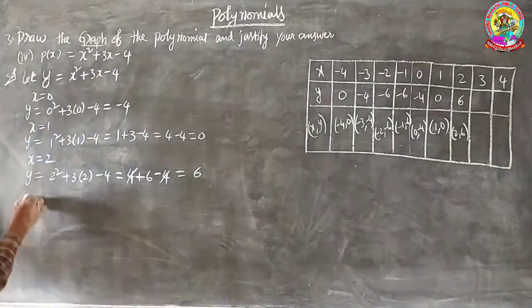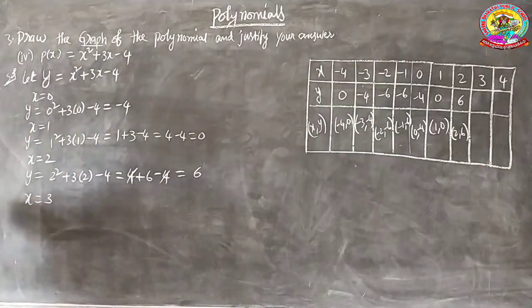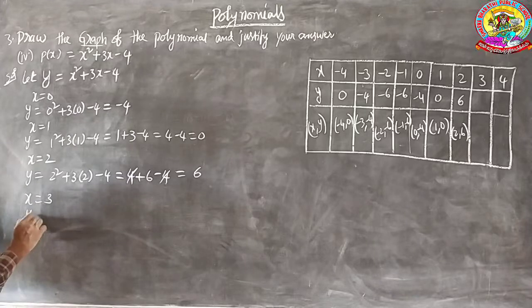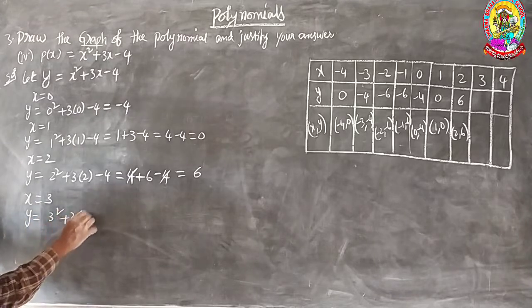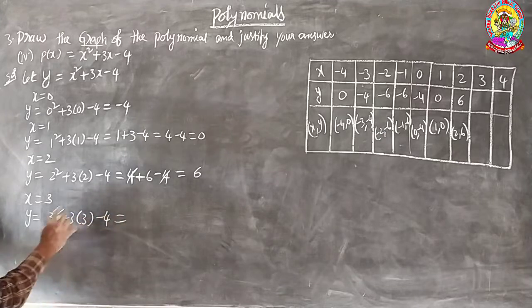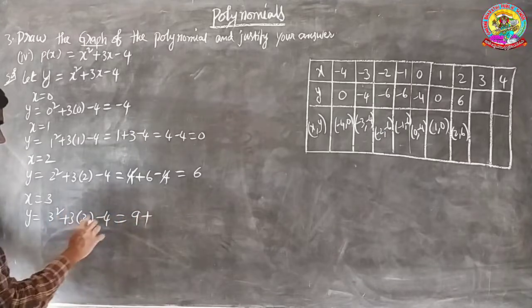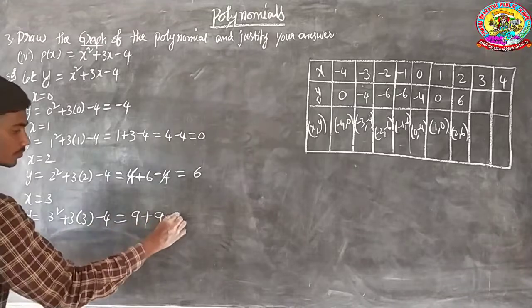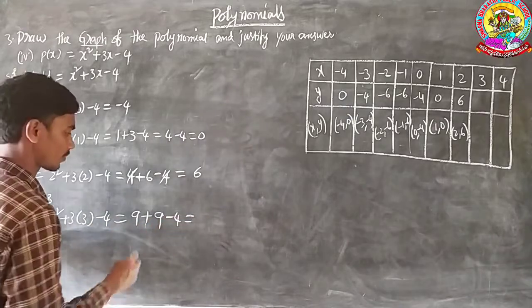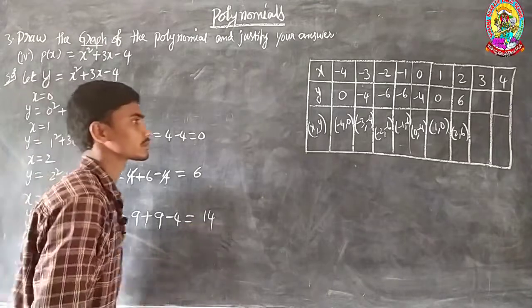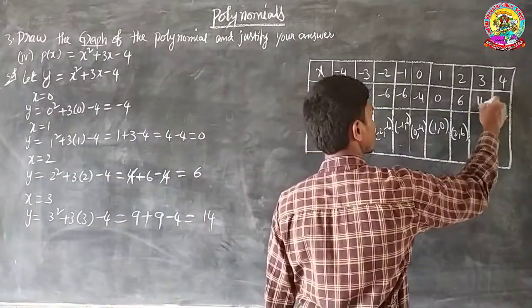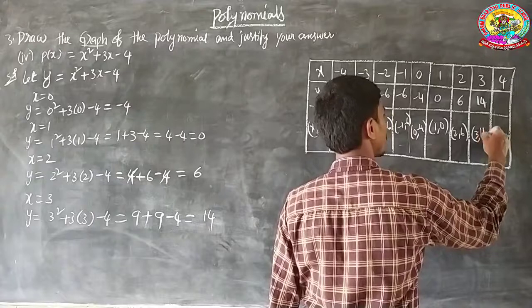Next, x equal to 3, y is equal to what will happen? 3 square plus 3 into 3 minus 4 is equal to 3 square 9, 3 3s are 9, minus 4 is equal to 9 plus 9, 18, 18 minus 4, 14. 3 comma 14.